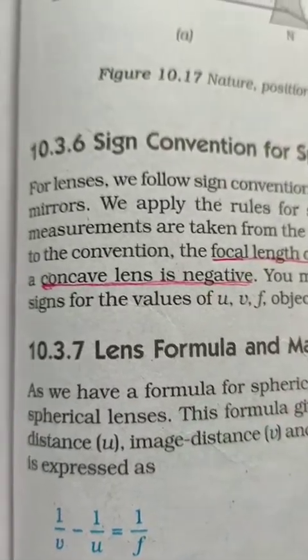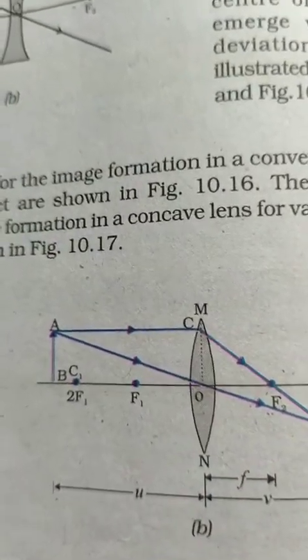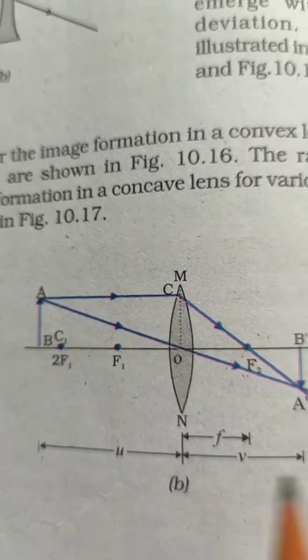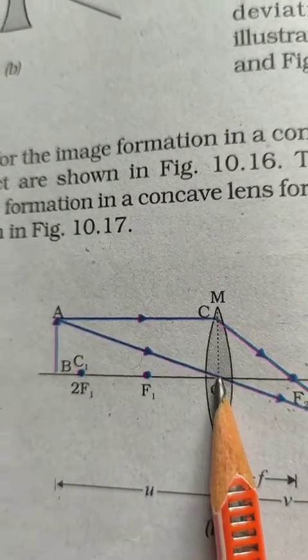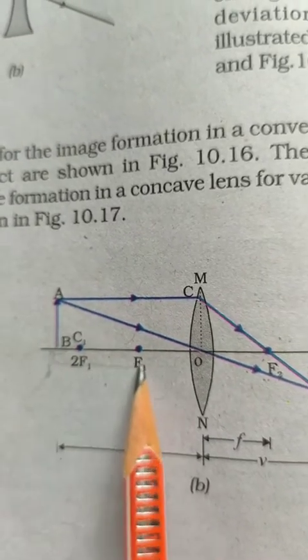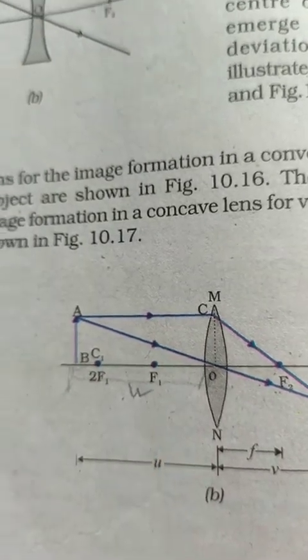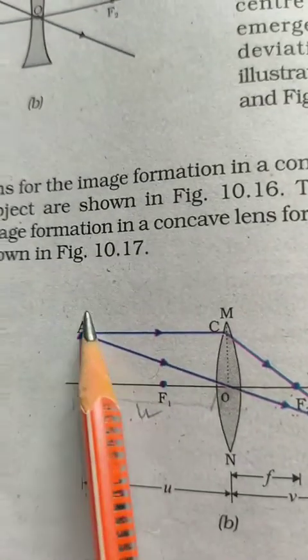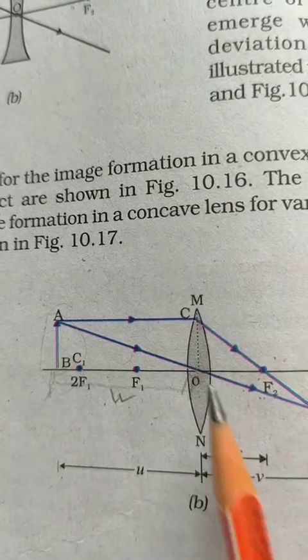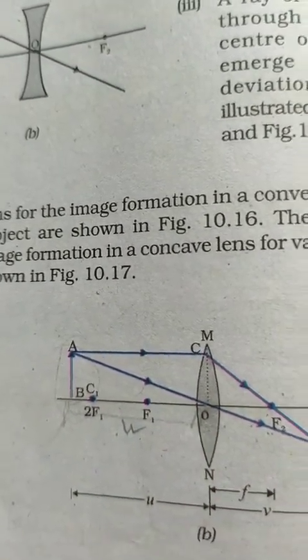If, for example in this case, I ask you what is the object distance, the object distance is from O to B. You have to measure from O to B, that is the object distance. You see this is the object and this is the optical center. The distance between both is the object distance.